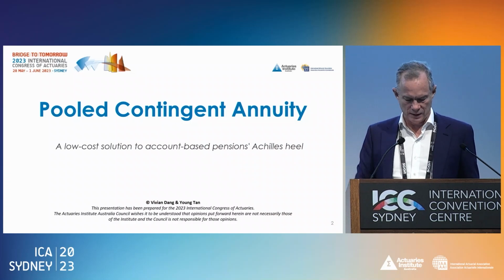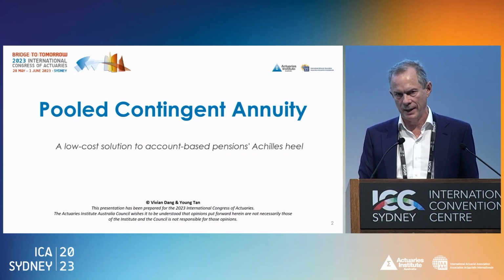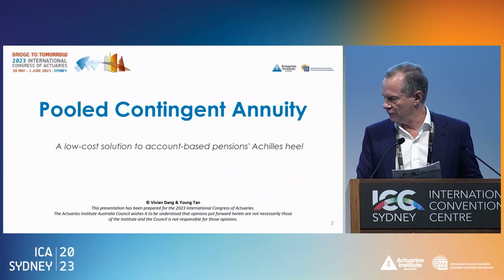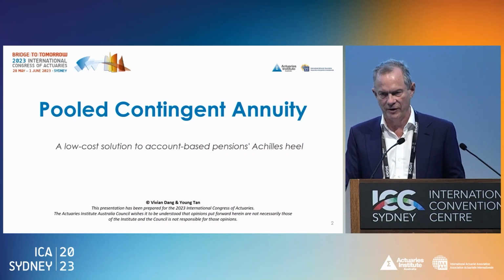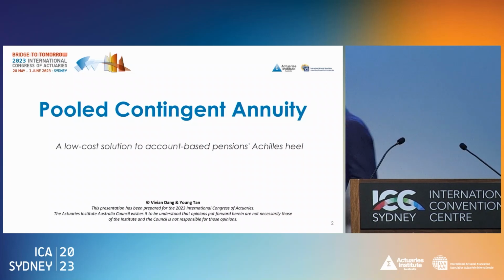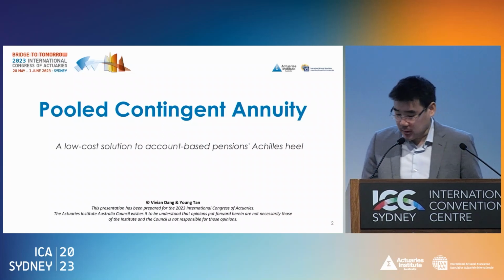And then we have Young Tan, investment and retirement actuary at Aware. UniSuper and Aware are two of our leading DC and DB superannuation funds in Australia. So without further delay, let me introduce Vivian first. Thank you.